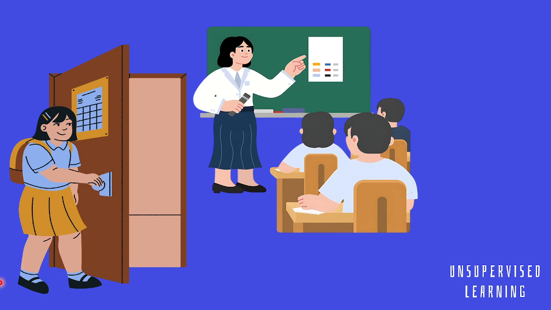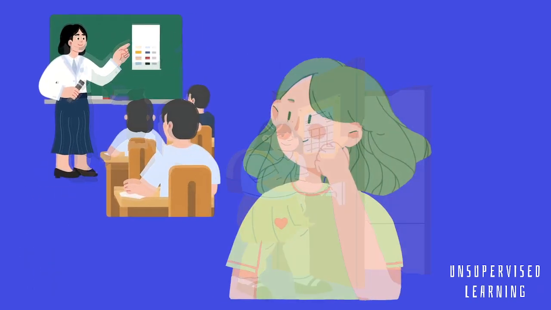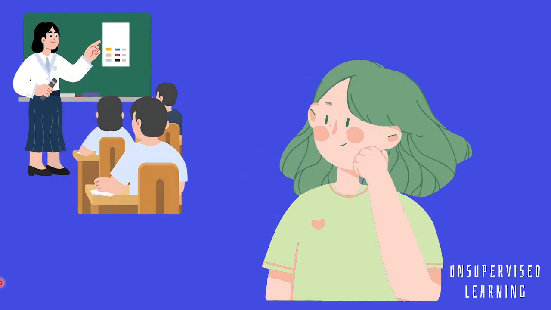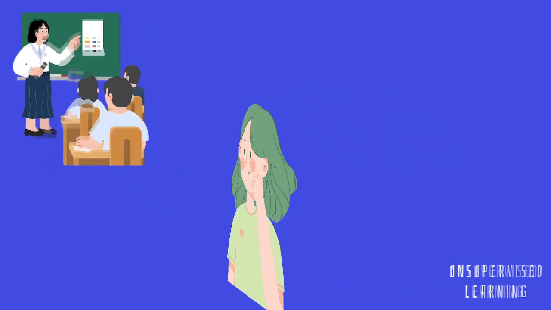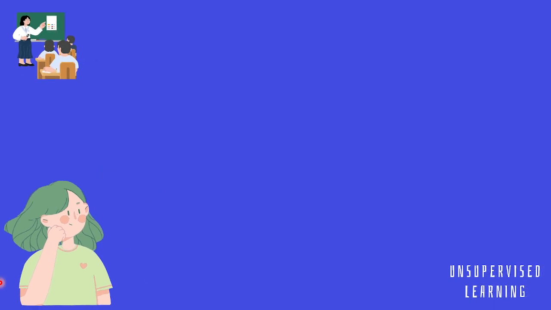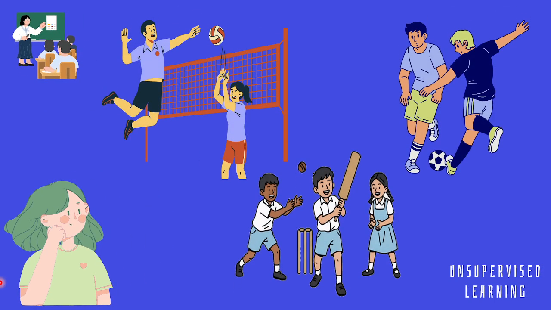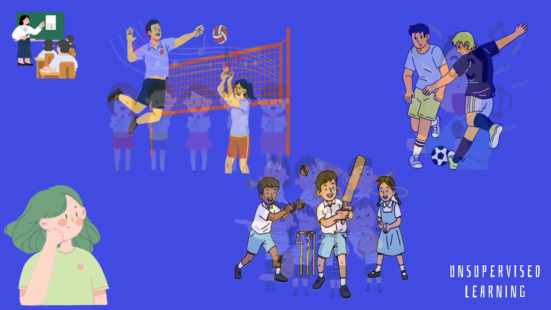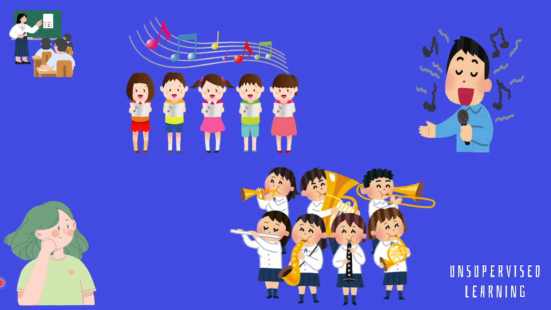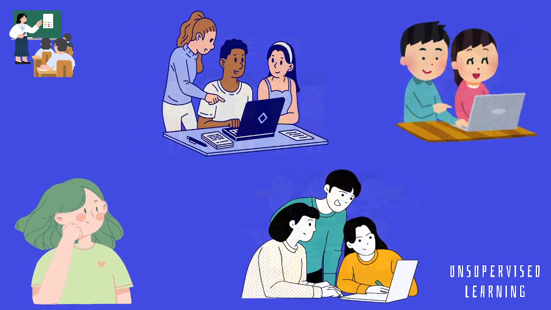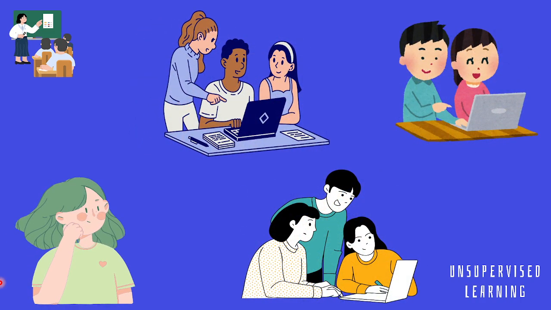Suppose you join a new school and today is your first day in a class. You don't know anyone and you don't have any friends yet. As you spend some time in the class, you start observing the students around you. You may notice that some students are very interested in sports, some are interested in music, and some really enjoy programming, while some may be interested in art or other activities.